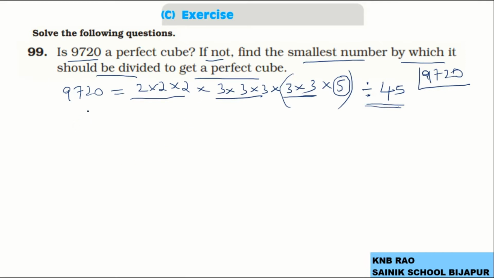Okay, so we will first conclude 9720 is not a perfect cube.